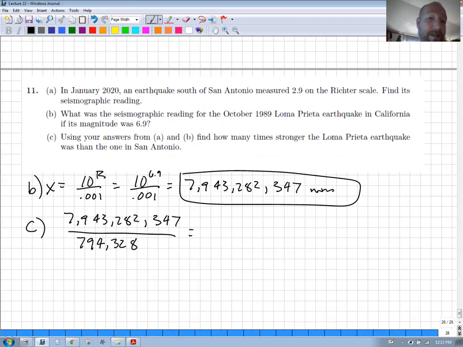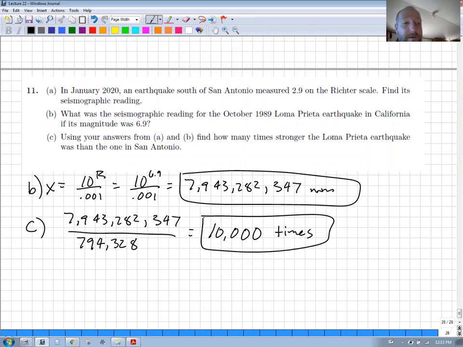And we get exactly 10,000 times stronger. And that's only a difference from a 2.9 to a 6.9. So it makes sense. We went up by 4, right? From 2.9 to 6.9, we increased by 4. Well, guess what? 10,000 is 10 to the 4th power. And there's your connection.